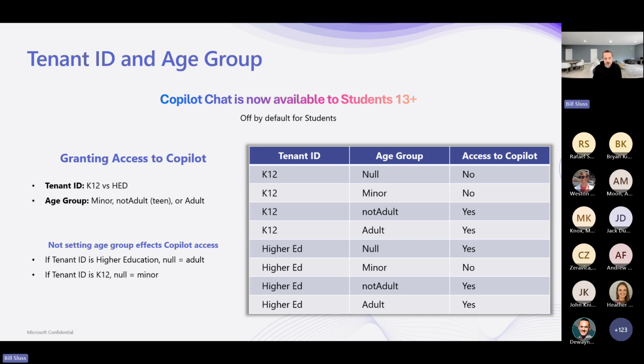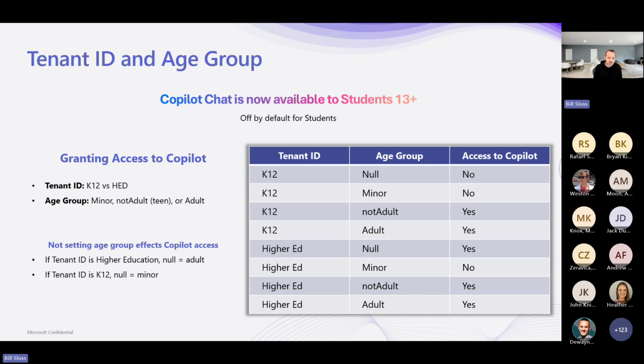Okay? However, if you're a K-12 organization or school or district, Ministry of Ed, whatever it might be, the assumption is exactly the opposite. We assume that all students in a K-12 tenant are going to be minors. And so that assumption is out of the box. It's going to block every single student from using Copilot Chat unless or until you set that corresponding age group value.